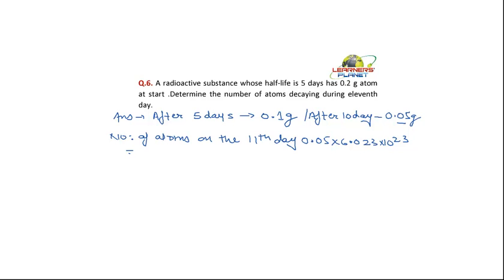Let's multiply this. 0.05 multiplied by 6.023 into 10 to the power 23 is equal to 30115 into 10 to the power 19. Right? So, this many atoms are present.